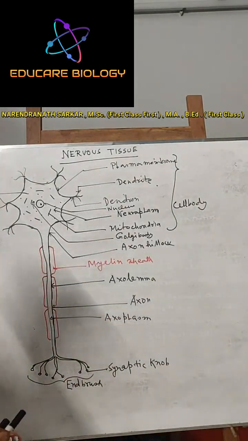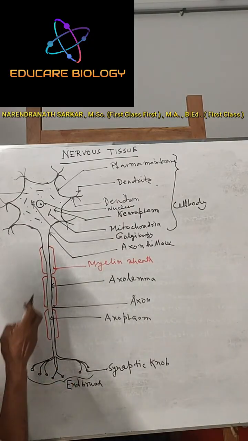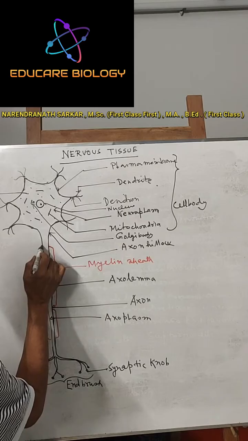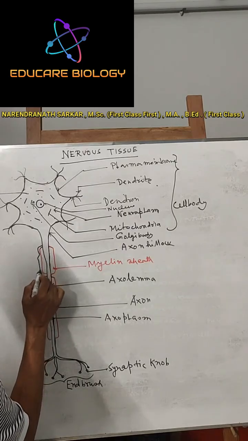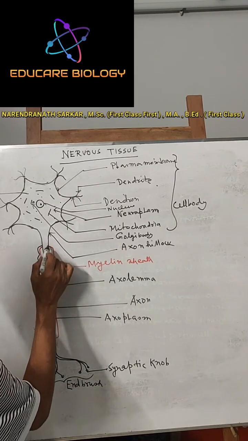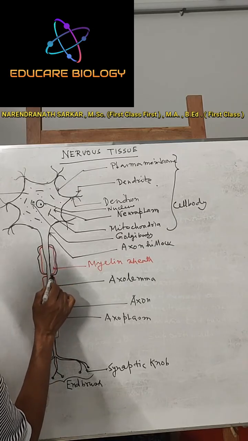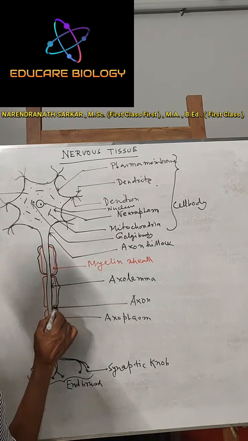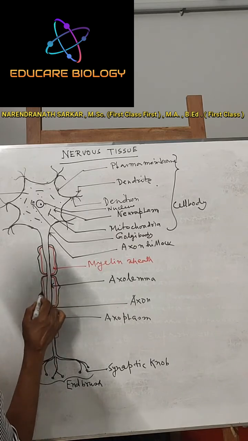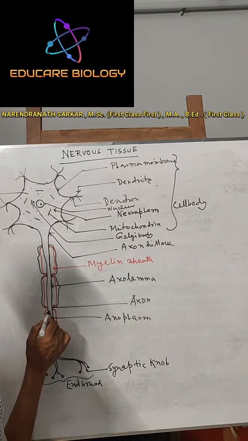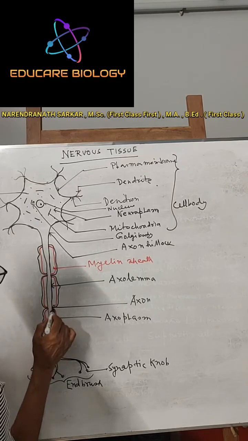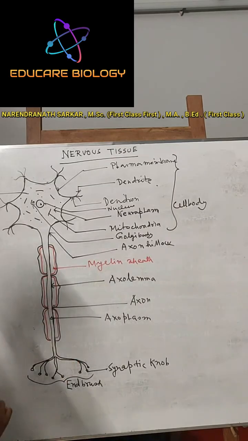Next, outside the myelin sheath, there may be another layer, which is called the neurolemma.